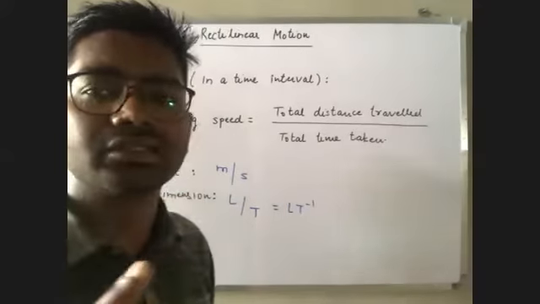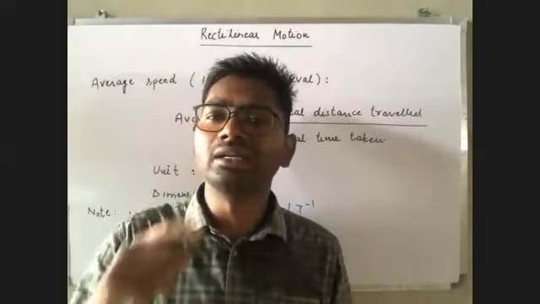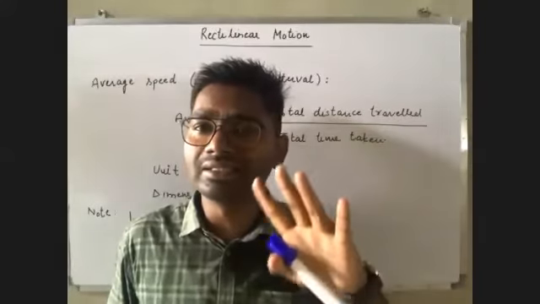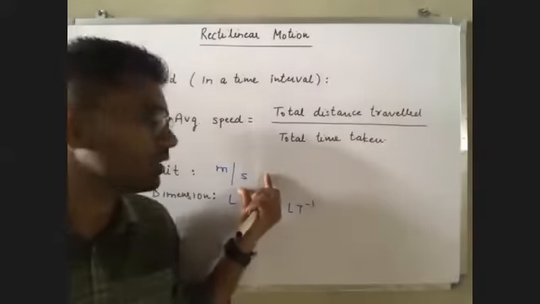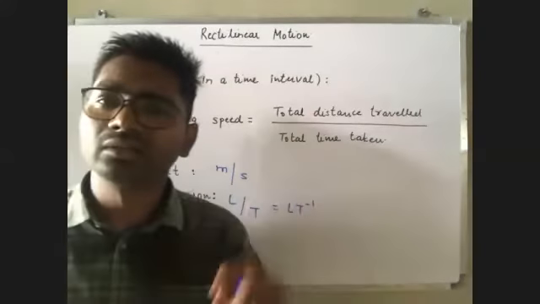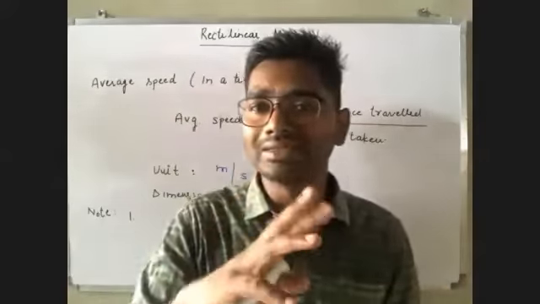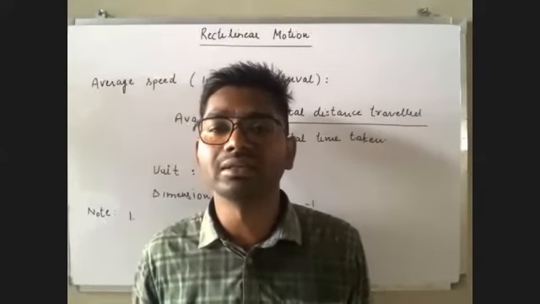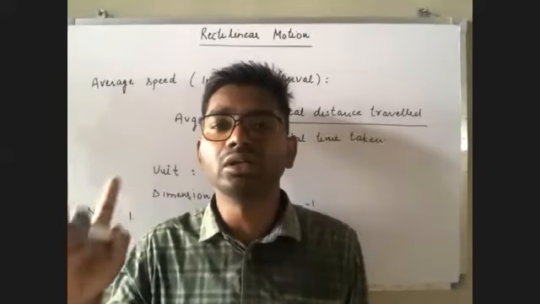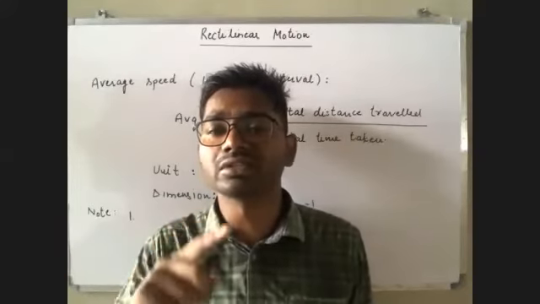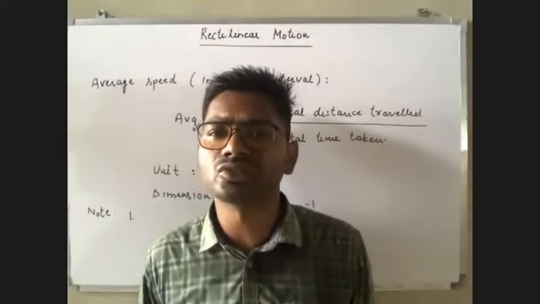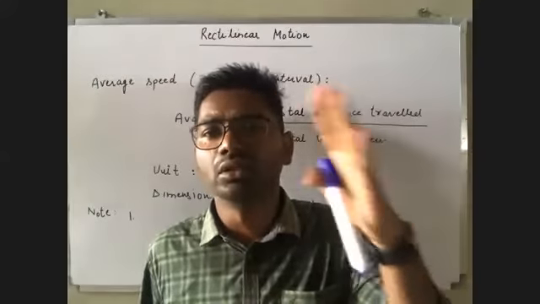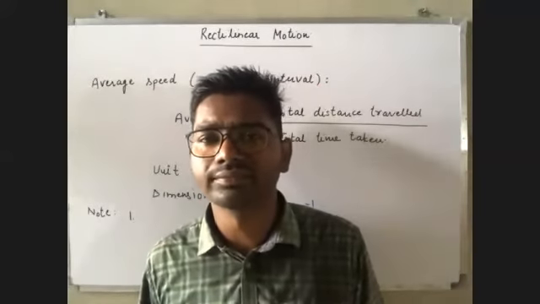Guys, if you have not written, you can write down that the unit of average velocity and instantaneous velocity is also the same thing, meter per second. You can write down the unit of average speed, average velocity and instantaneous velocity. If you have not written, just note it down. The unit of average velocity and instantaneous velocity is also meter per second, because whether it is displacement or distance, the unit is going to be meter.